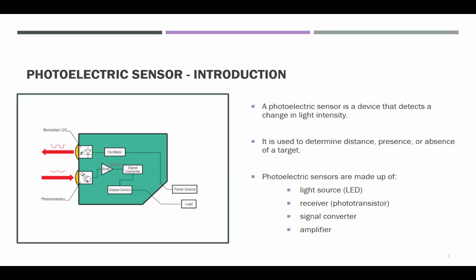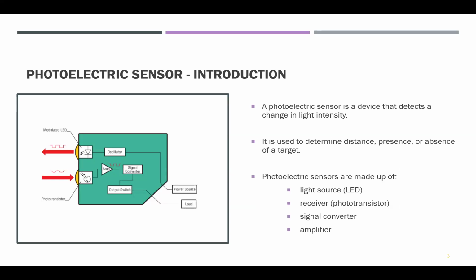Basically it detects the change of light intensity. It emits a light pulse from the center, and the receiver gets that light. Either it doesn't get that light and it triggers an output, or it senses a little bit of change in the light.